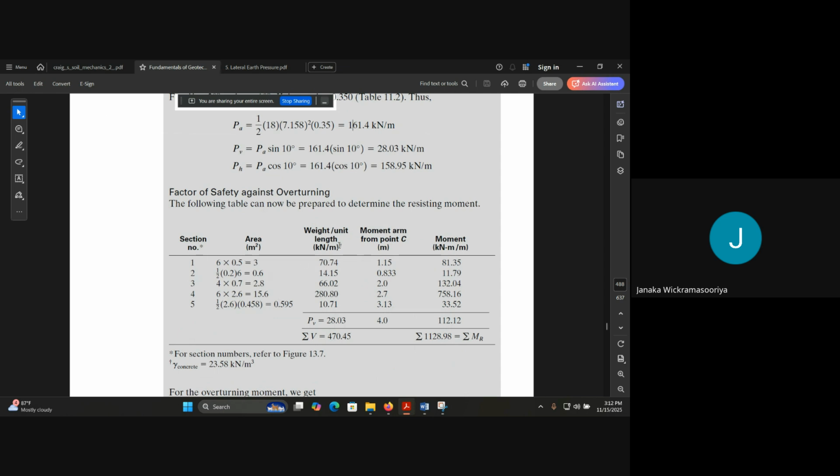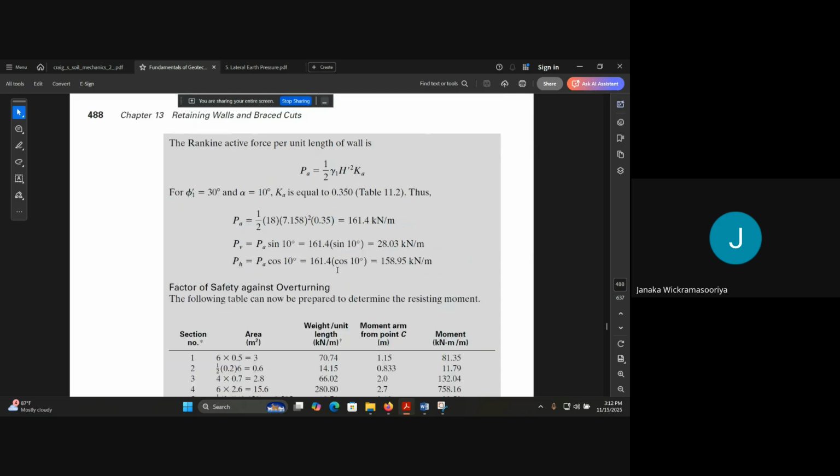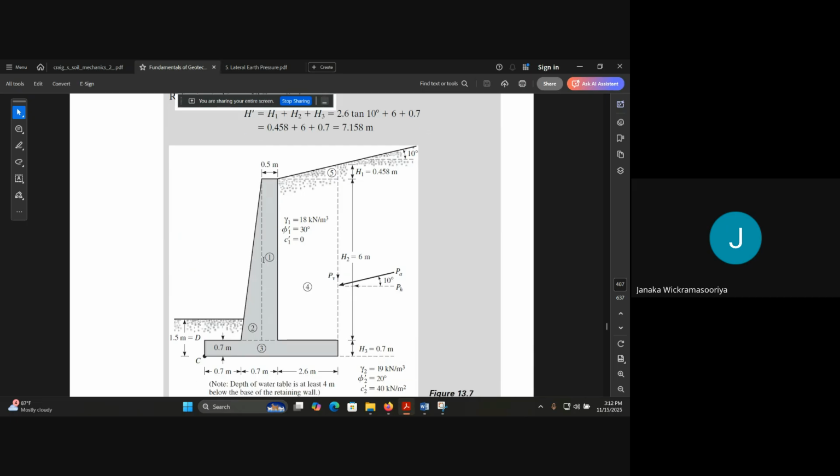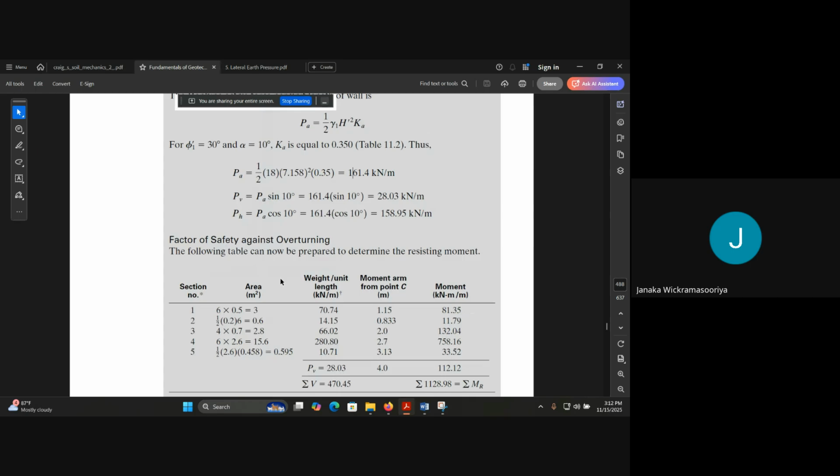Now the area and the weight per unit length. We are considering 1 meter to the other side. We have the area, and if you multiply it by 1 meter, then you have the volume. The volume multiplied by the unit weight, in kilonewton per meter cubed, gives the weight per unit length.